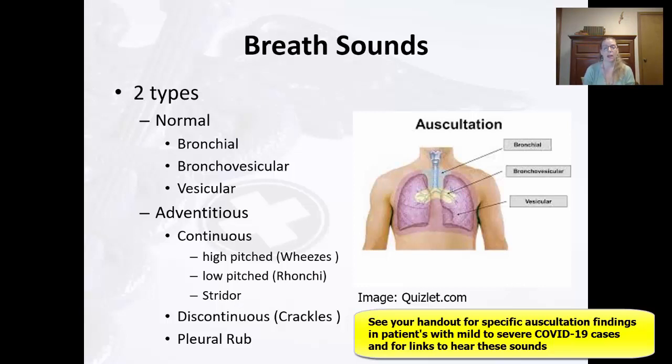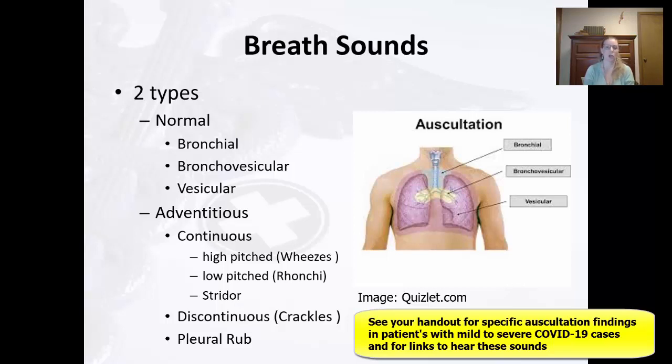Stridor is a very, very harsh sound, and it's usually indicating almost an emergent situation with the patient. Stridor can often be heard in patients who have full or almost full obstruction of the airway, like a child who has swallowed a toy, or a patient who is not choking yet, but is on their way to choking on food.